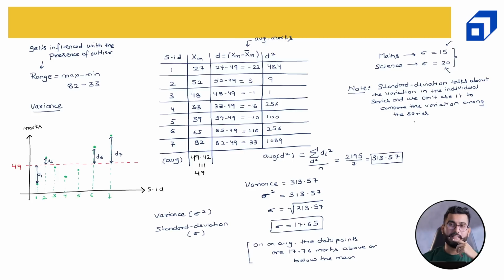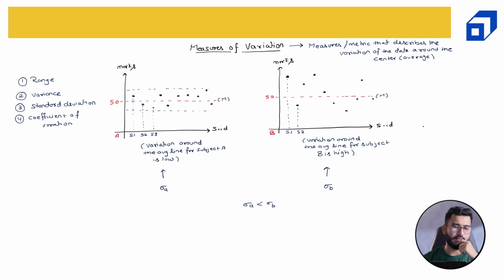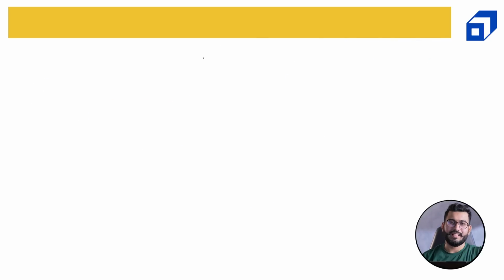So how can we compare the variation among the series? For this, we have the next measure, which is the coefficient of variation. So now let's try to understand the coefficient of variation.